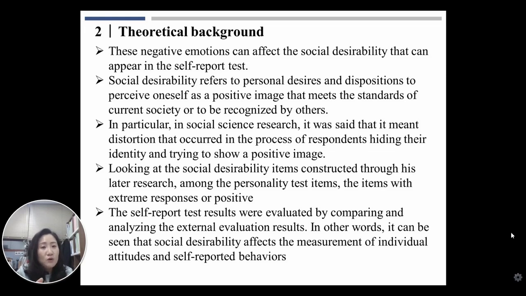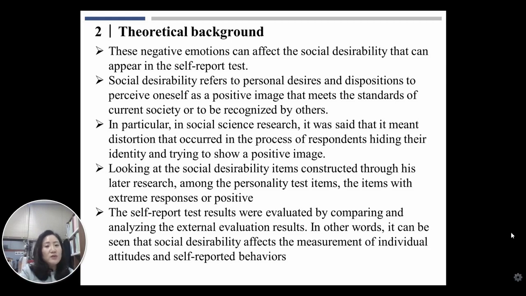In particular, in social science research, it meant distortion that occurred in the process of respondents hiding their identity and trying to show a positive image.